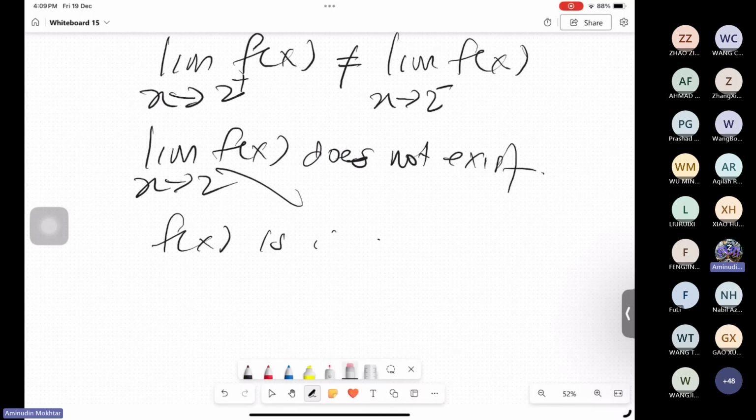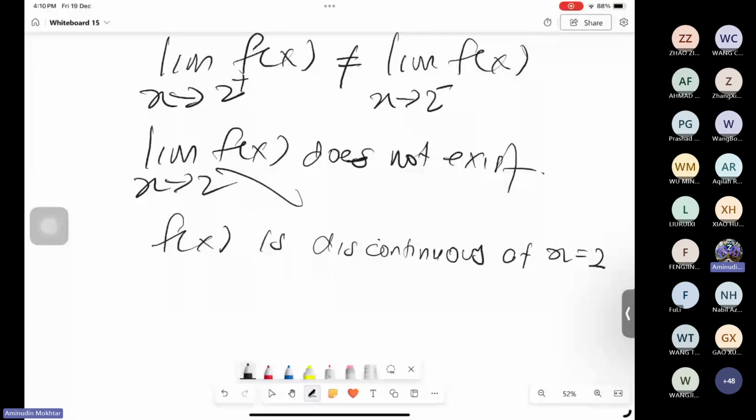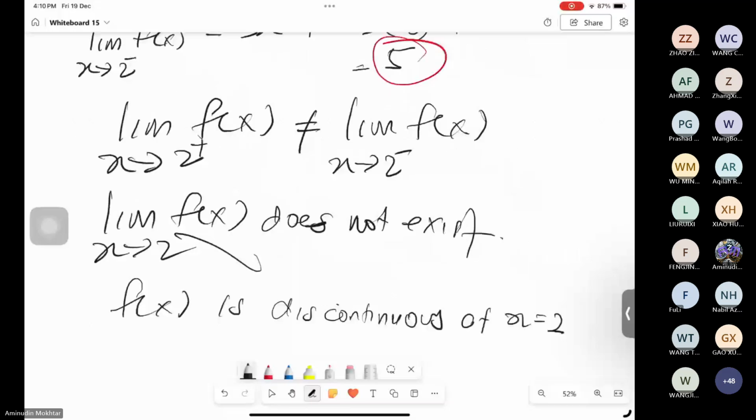Continuous, at point x equal a. That is the answer when we find the continuity.